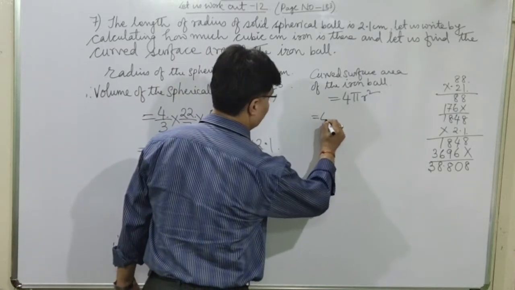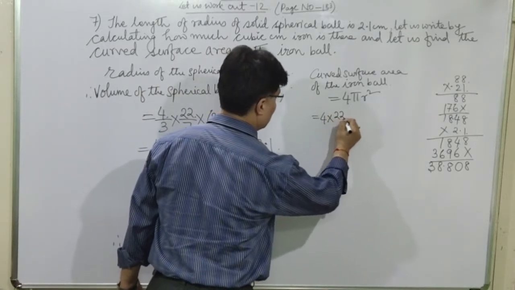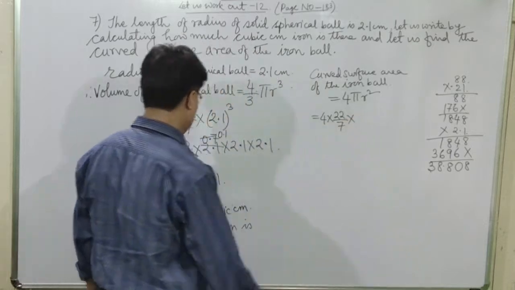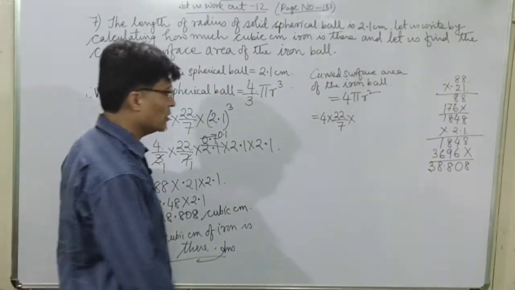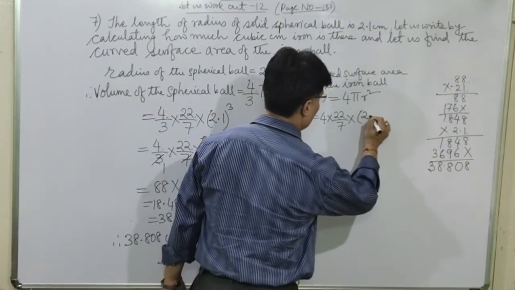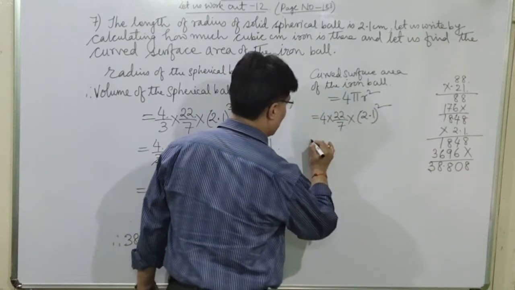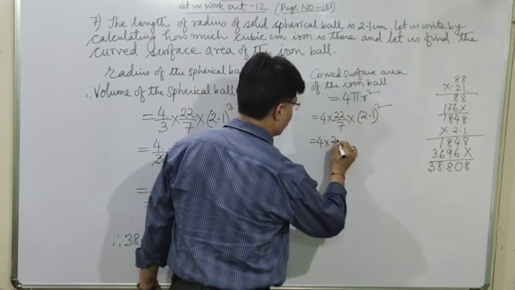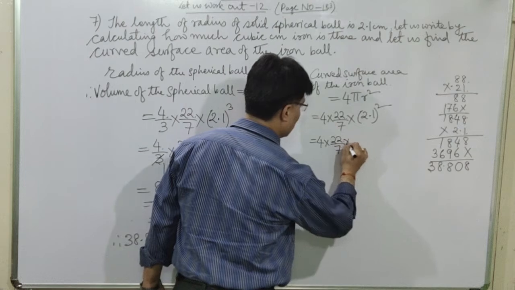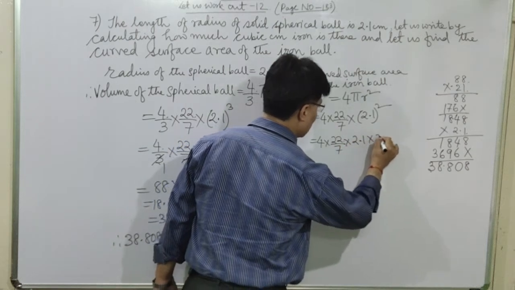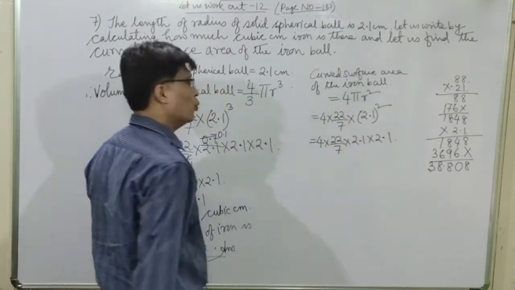Which is equal to 4 into what is pi, 22 by 7, into what is r whole square, it is 2.1 whole square. Which is equal to 4 into 22 by 7 into 2.1 into 2.1.